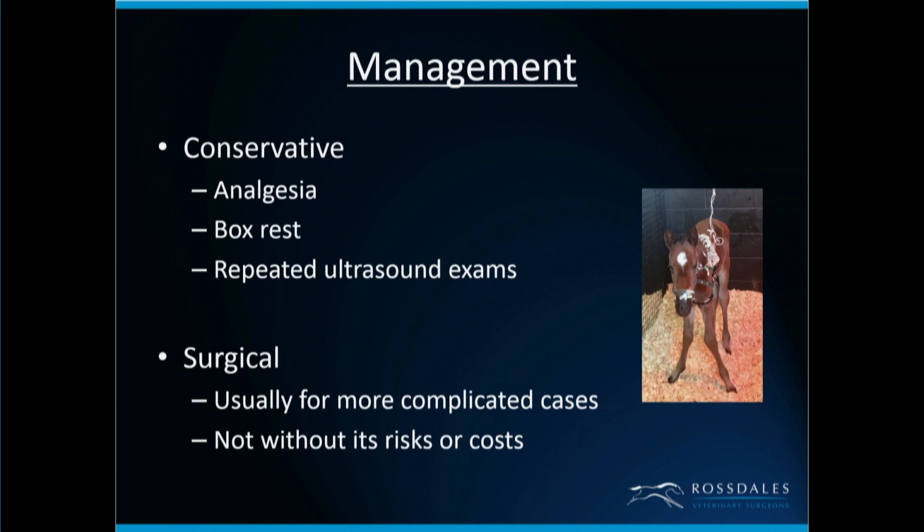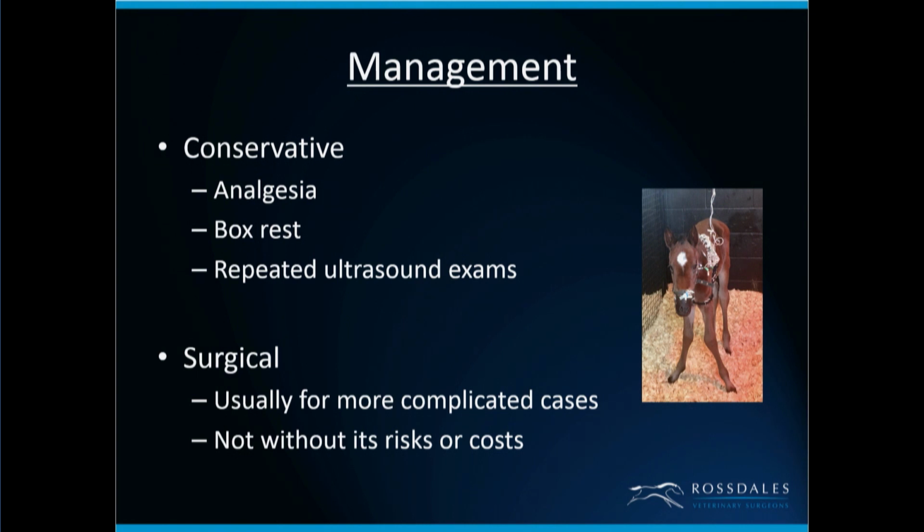So in terms of management, we're not going to go into this too much, this isn't what this lecture is about, but you can either manage the foals conservatively or surgically. And this often depends on the case, how many fractures they have, and what other signs they have. Conservative treatment is often analgesia, box rest or barn rest, and then repeated ultrasound exams, particularly in the very early cases and foals that have quite a lot of hemothorax, just to keep monitoring them.